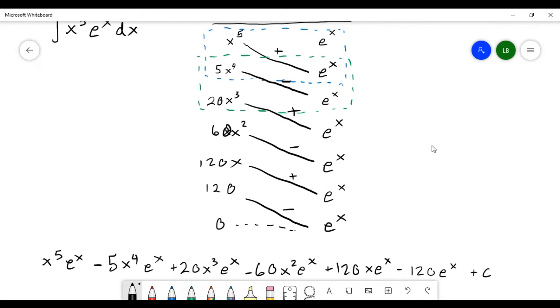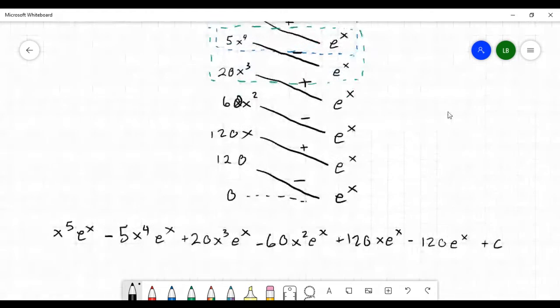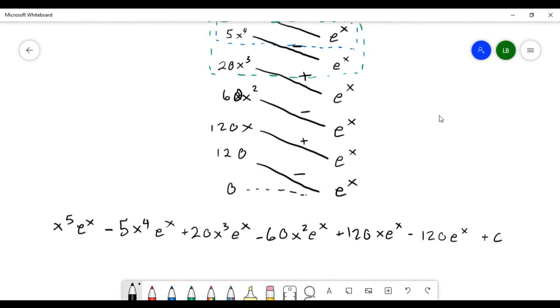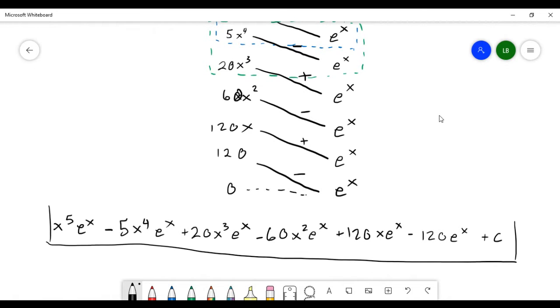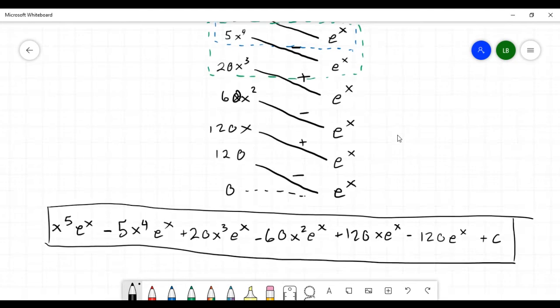The integral of 0 would just give us the plus c at the end. And that would be our answer, which is a much faster way than doing integration by parts 5 times in a row. That kind of makes sense?